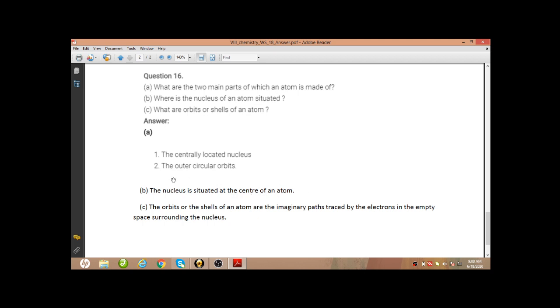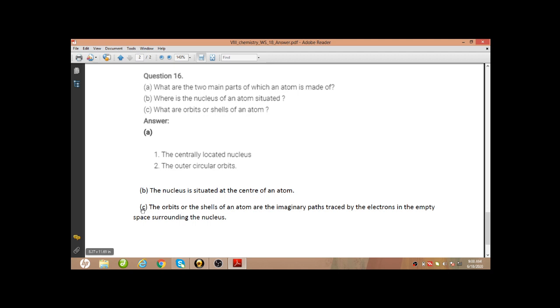Next, what are orbits or shells of an atom? The orbits or the shells of an atom are the imaginary paths traced by the electrons. On these paths electrons are revolving in the empty space surrounding the nucleus.